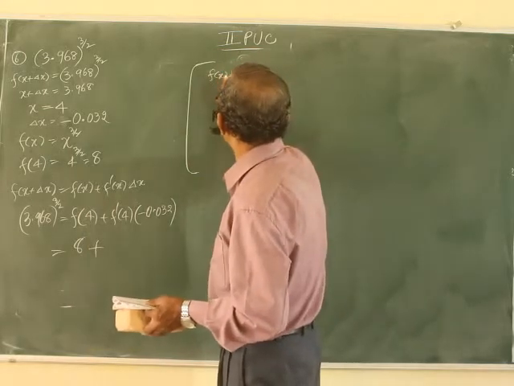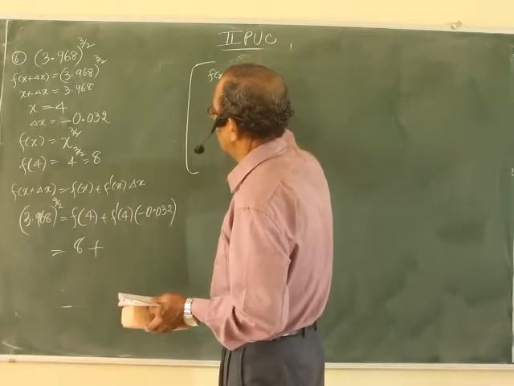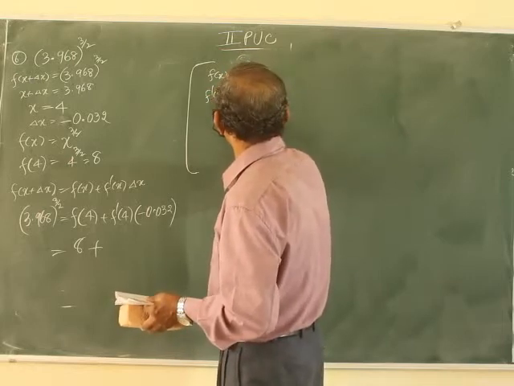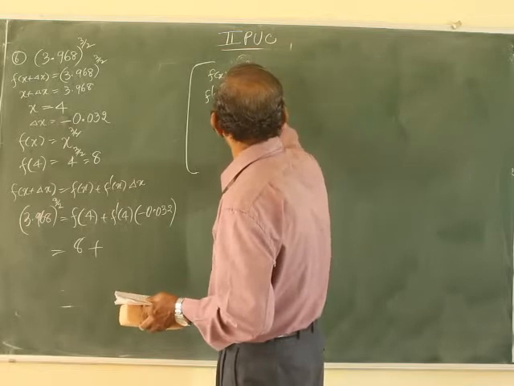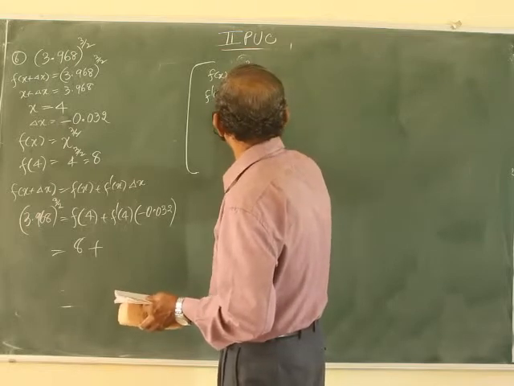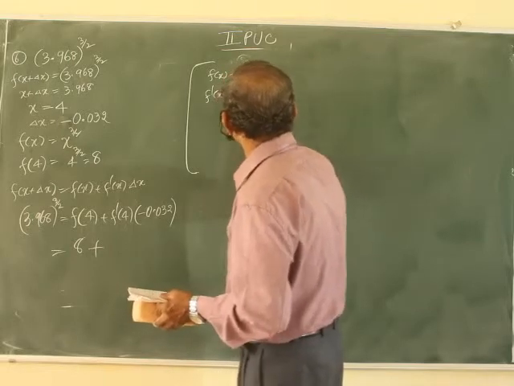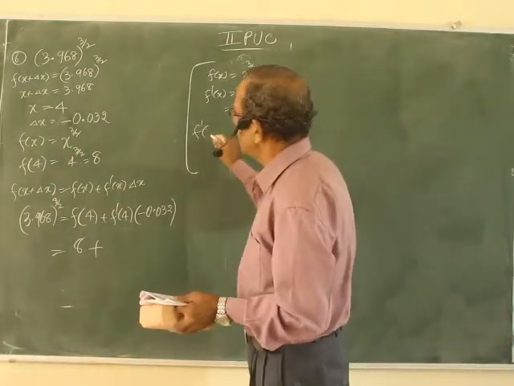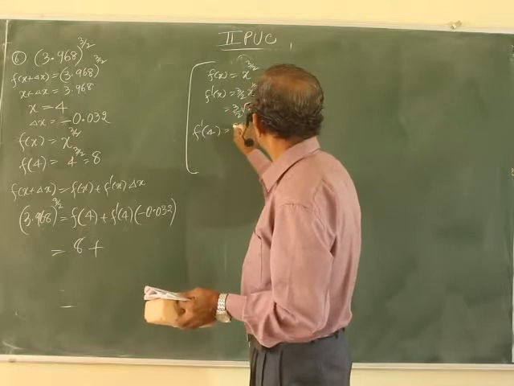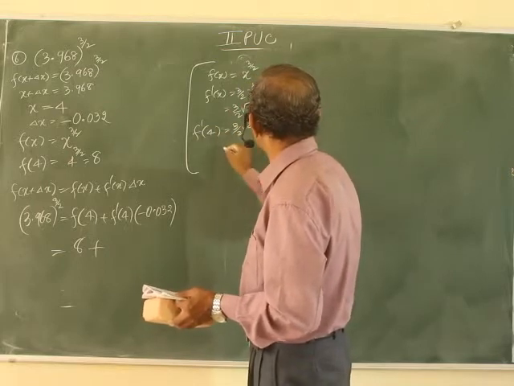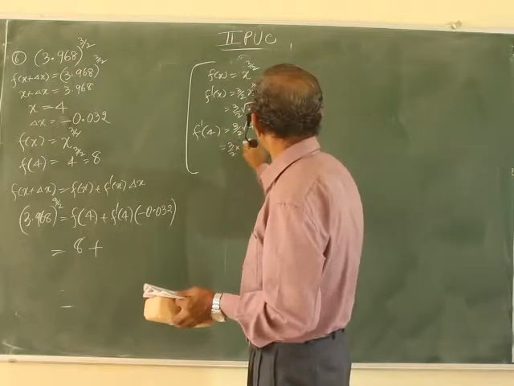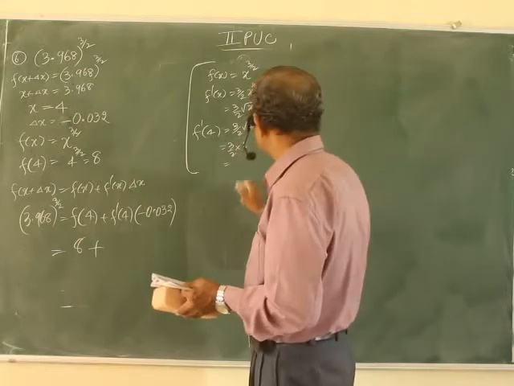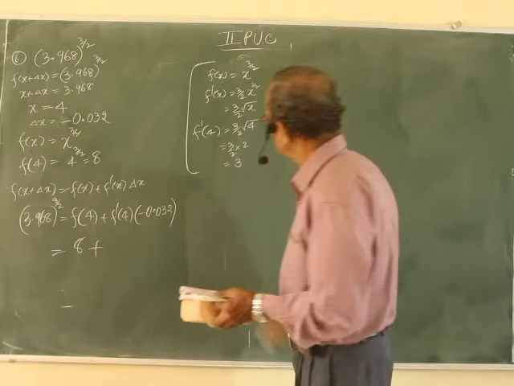F of x equal to x to the power 3 by 2. So f dash of x is 3 by 2 x to the power 1 by 2, or 3 by 2 root x. F dash of 4, 3 by 2 into root 4, 3 by 2 into 2, 3.